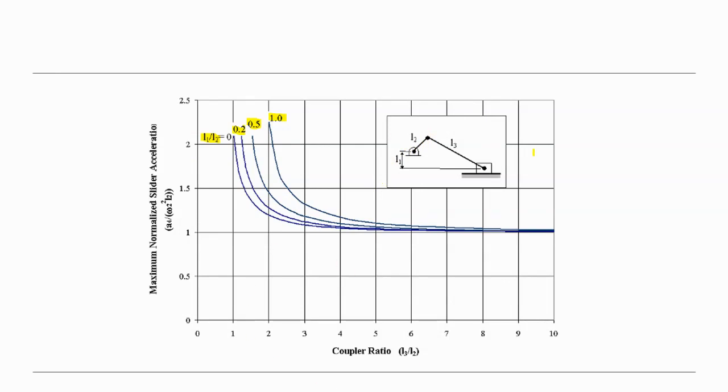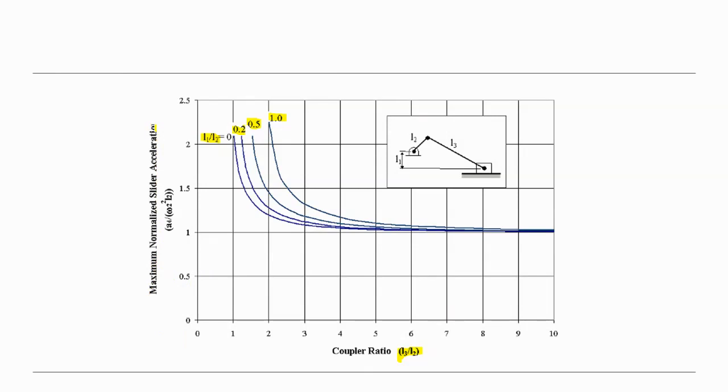We already talked that we can first calculate L3 over L2, and if we know that, we know which of them we are going to use, because it's a selection, considering the maximal normalized slider acceleration.